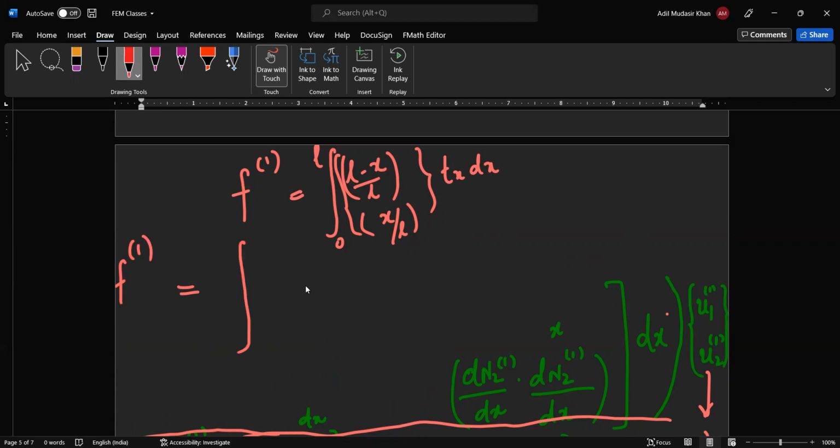Let me assume the traction is constant, so that T will come out.